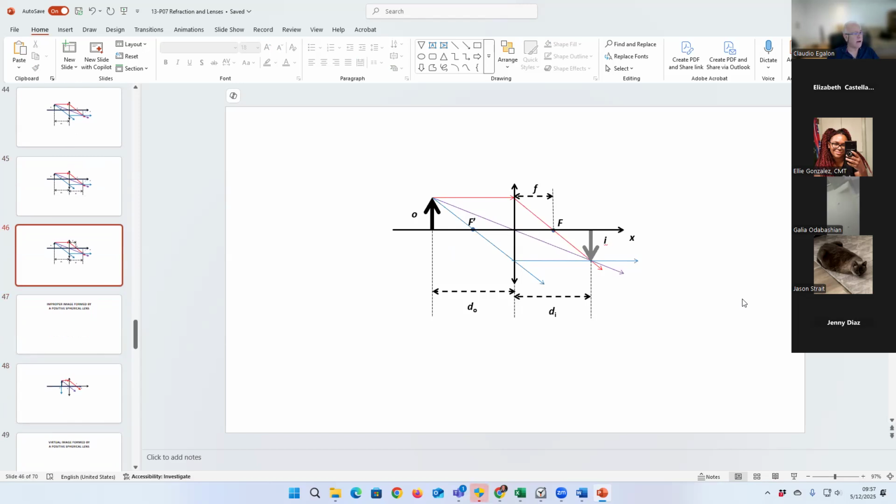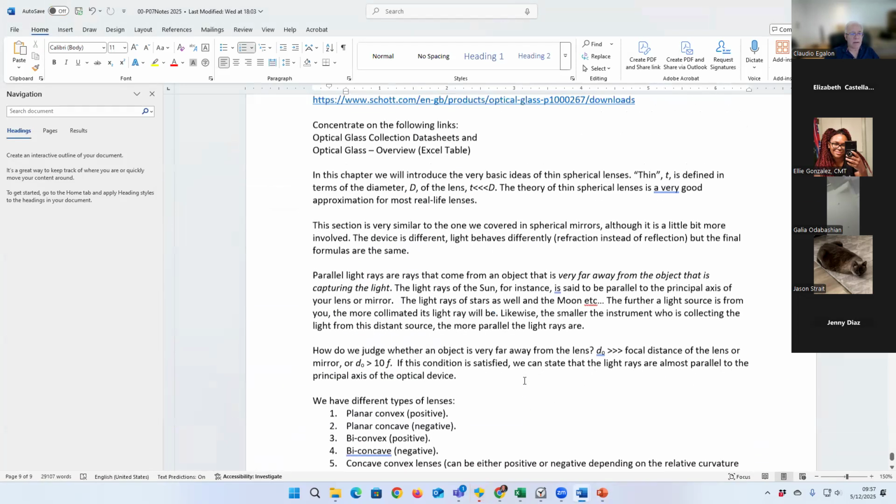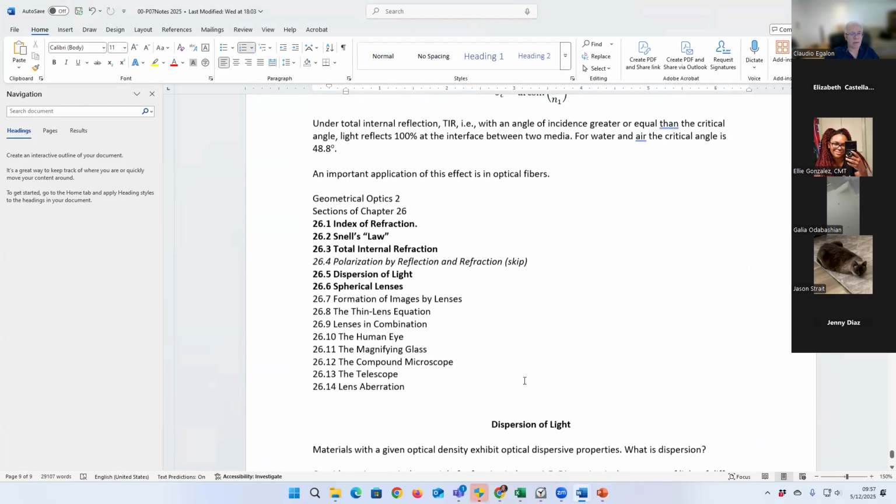And just like before, we're going to have the same equation that we have for the spherical mirrors. And let's hunt for these equations.